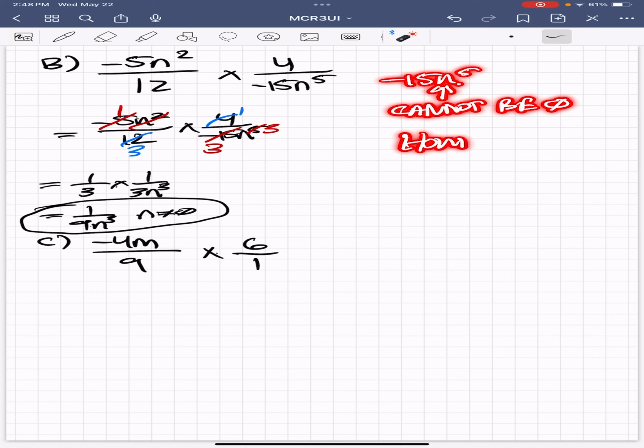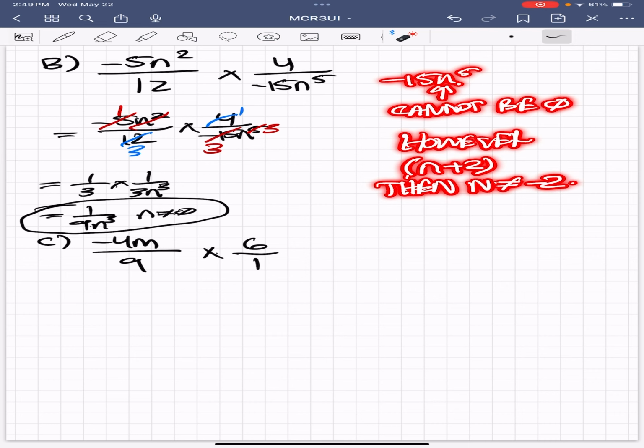However, if it was n plus 2, then n cannot equal negative 2. It's just because n cannot be 0. So, just letting you know that's what restrictions mean.